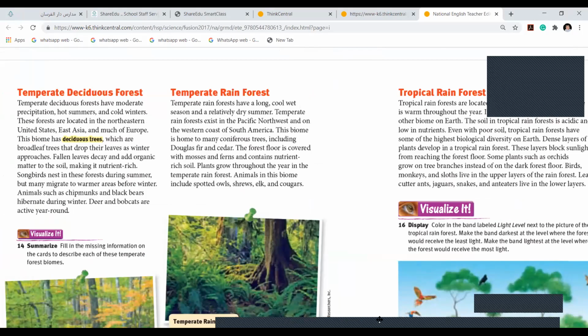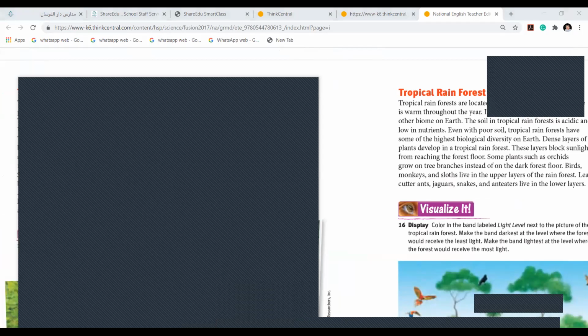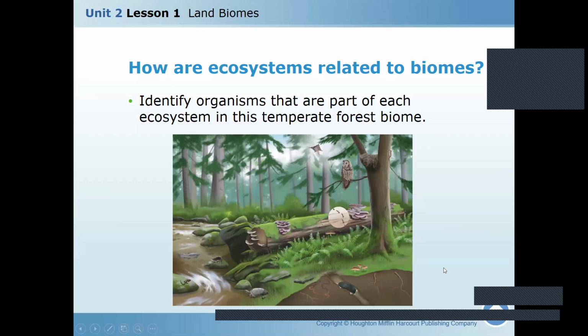Okay, let us see the PPT better. What can you see on the screen, girls?